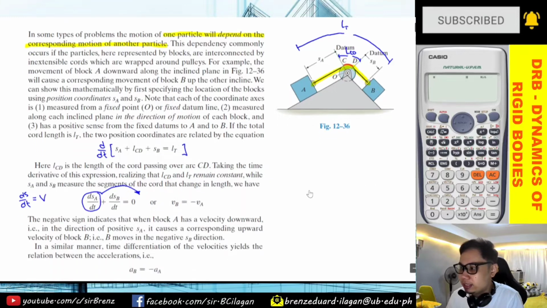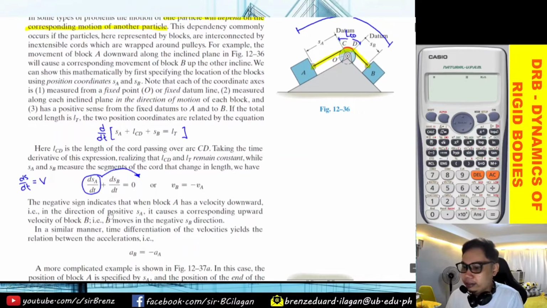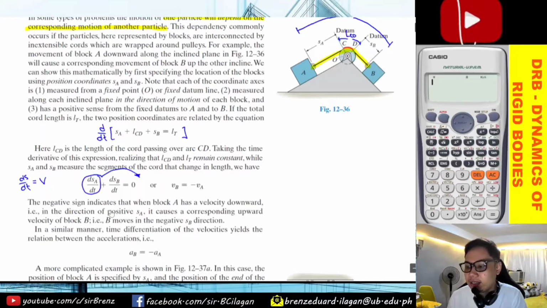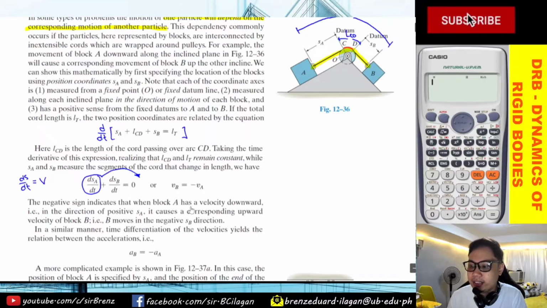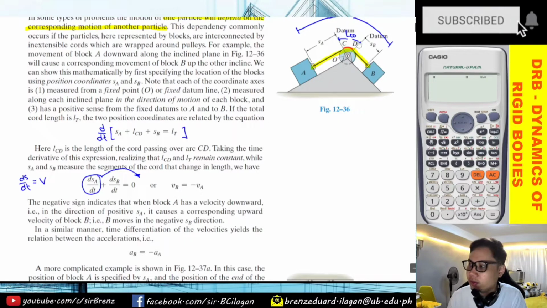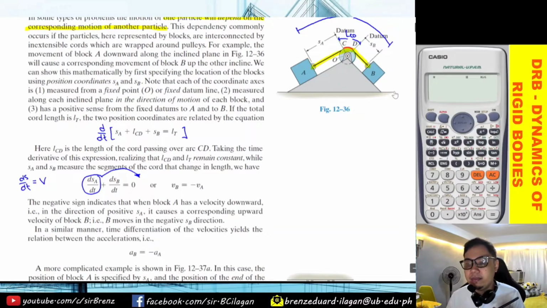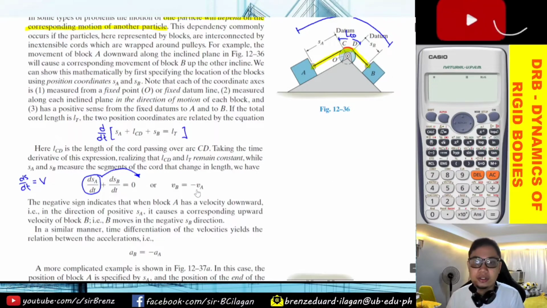So, ibaba lang natin ito ng konti. Ayan. So, the negative sign indicates that when block A has a velocity downward, kung pababa nga ito, kasi yung movement natin is tataas yung A and bababa yung S sub B. So, meaning pababa yung velocity niya, kaya siya naging minus. Okay?